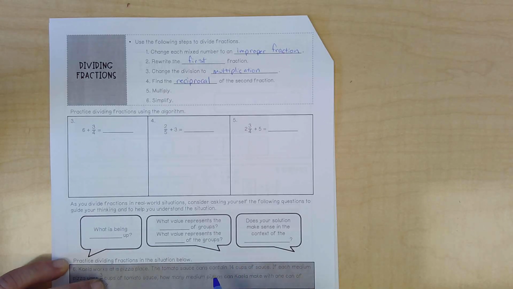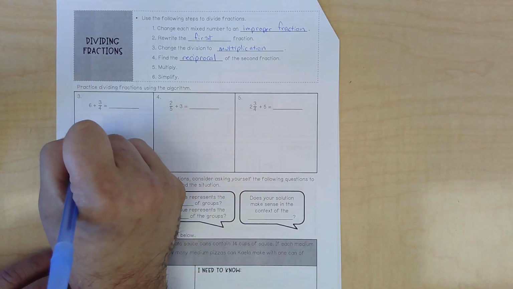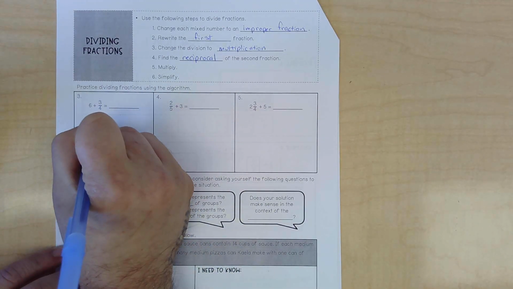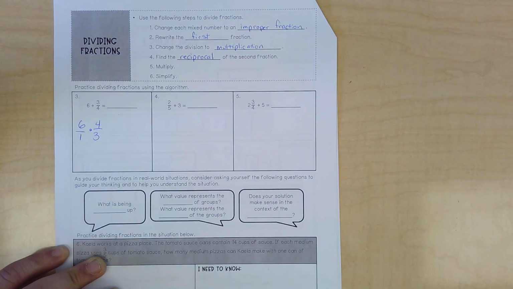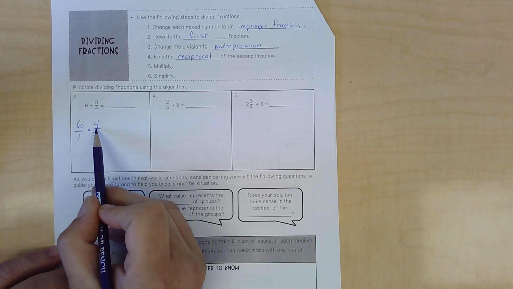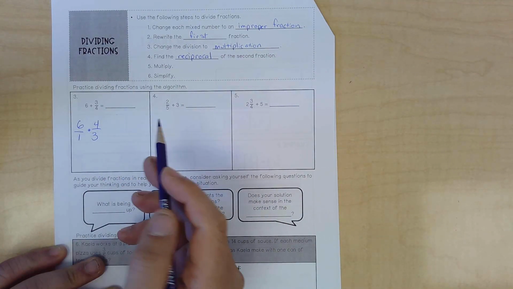We're gonna do number 3 right here. I'm gonna say it's 6 over 1 times 4 over 3. Now, before we cross multiply, we want to look for something called like terms. 1 and 4 don't have any like terms outside of 1, which would be pointless.